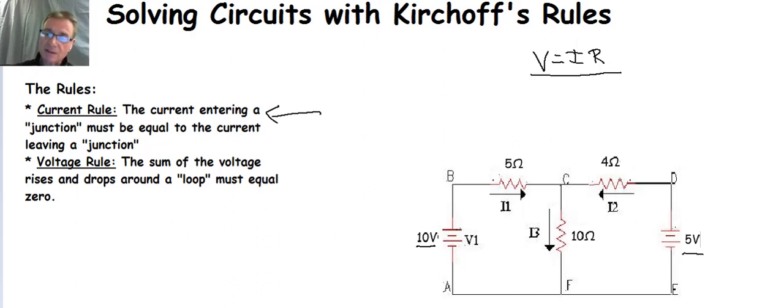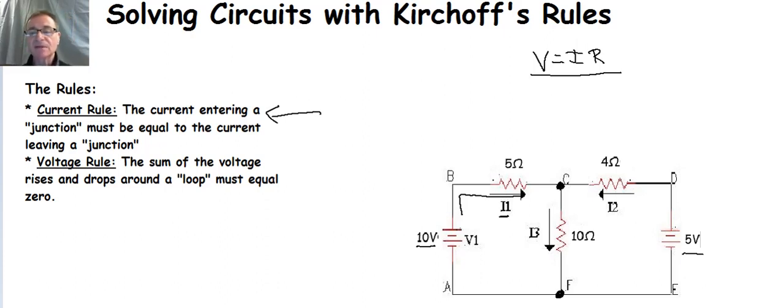So if we consider point C up here and point F down here as junctions, what the rule says is that the current I1, right here, comes from the 10-volt battery on the left-hand side, comes up, and is traveling to the right, and it hits this junction point right here.